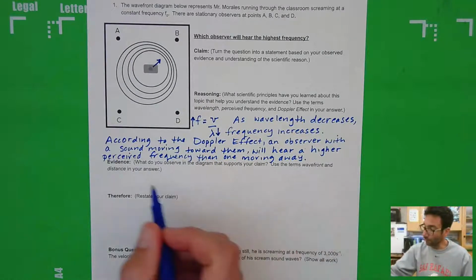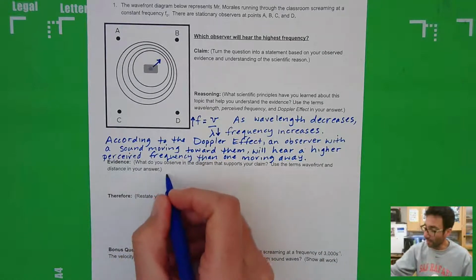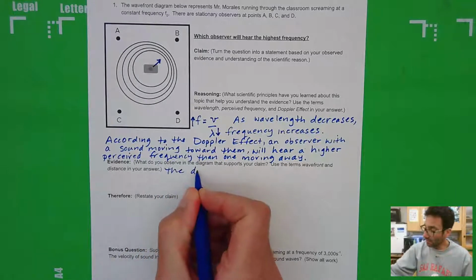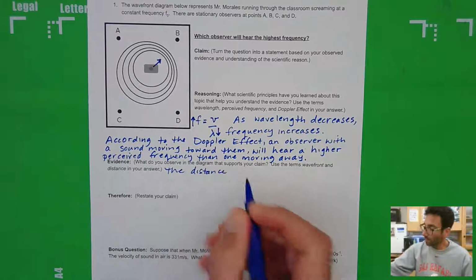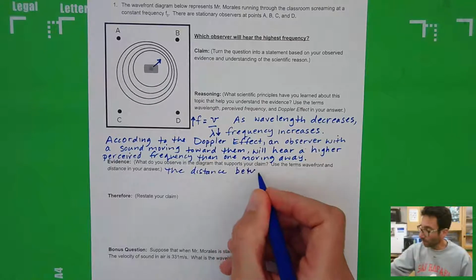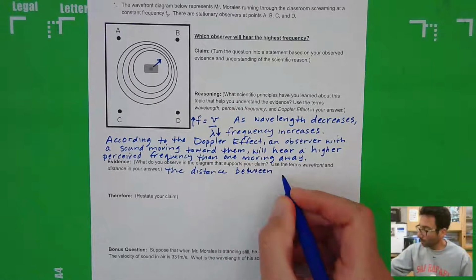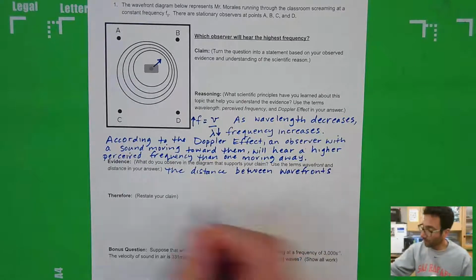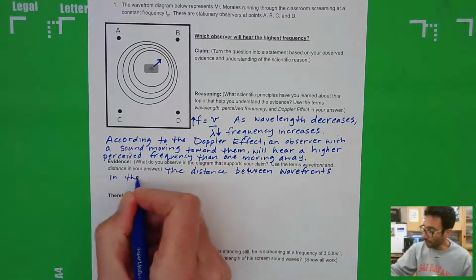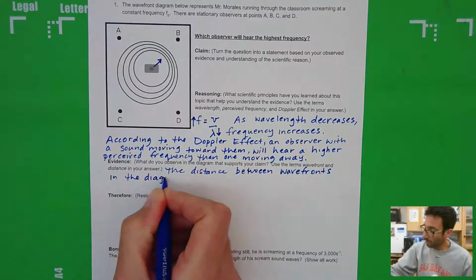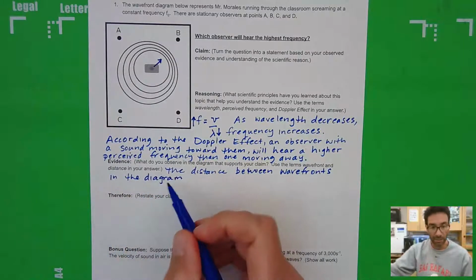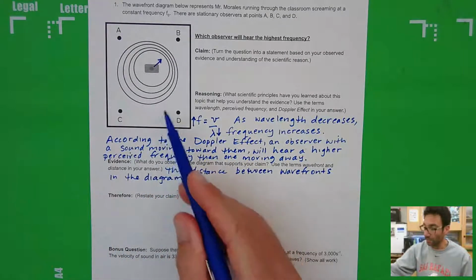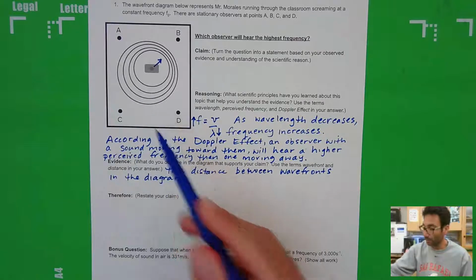Use the terms wavefront and distance. Okay, the distance between wavefronts in the diagram. So this is evidence. Now I am referencing the specific data that is being given to me.